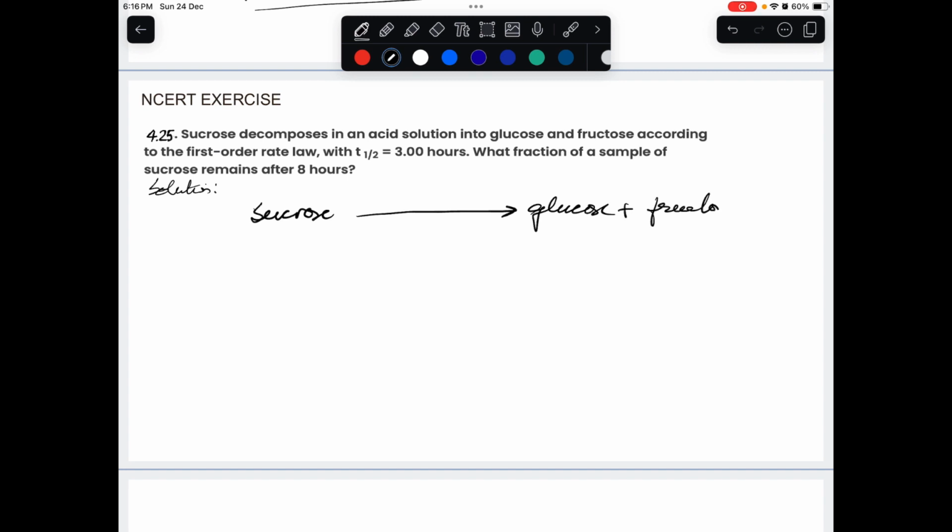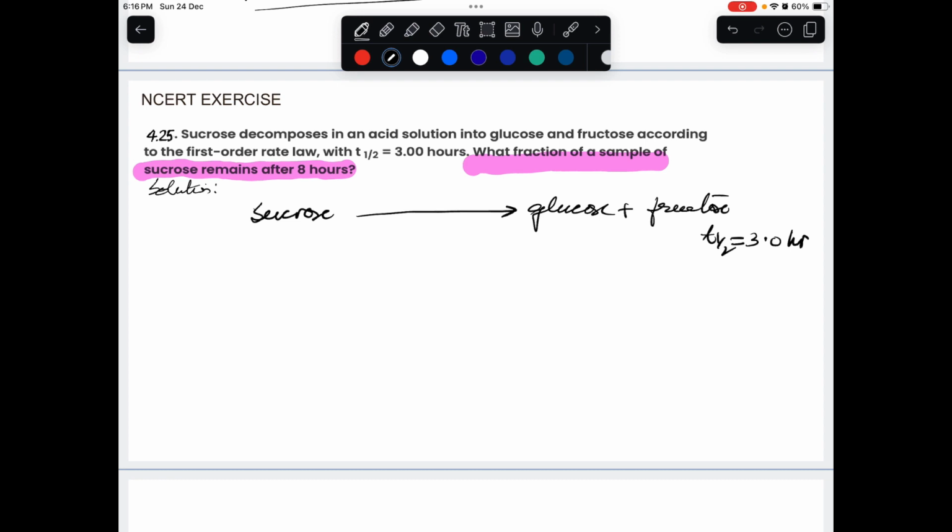And for this T half is given as 3 hours. And what we have to calculate: what fraction of the sample of sucrose remains after 8 hours. Okay, after 8 hours, and we have to find out the fraction.